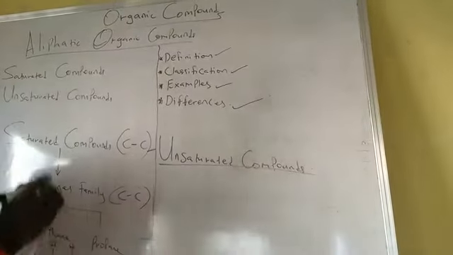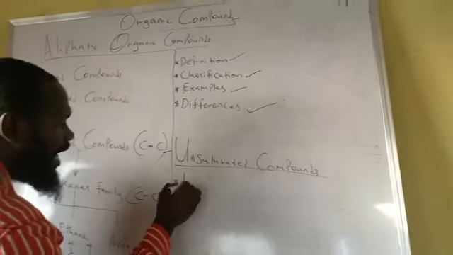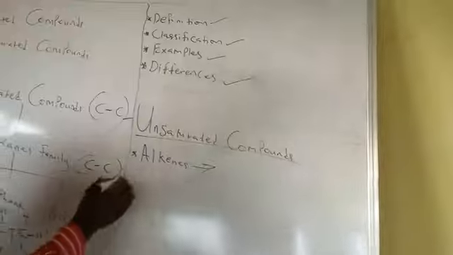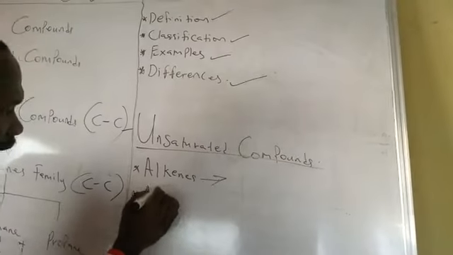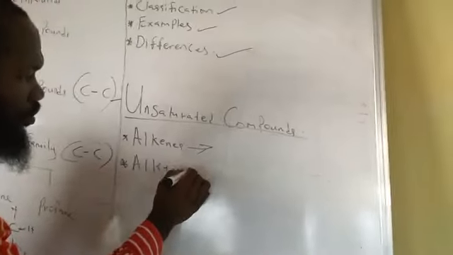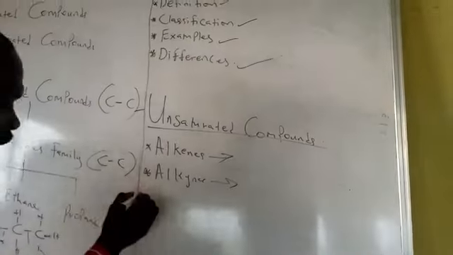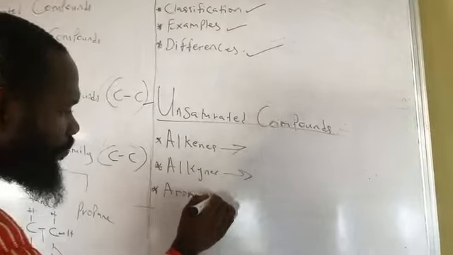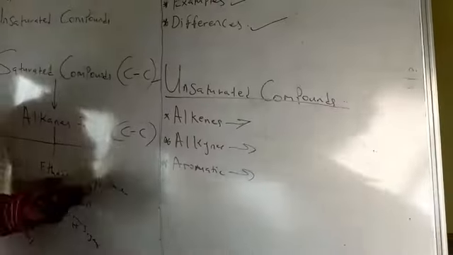Examples of unsaturated compounds are the alkenes, the alkene family or alkene group. Then we have the alkyne group or alkyne family. We also have the aromatic family, that's the benzenes.